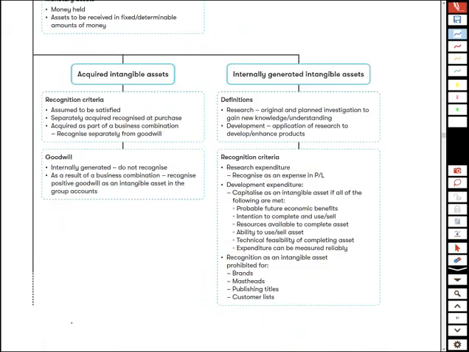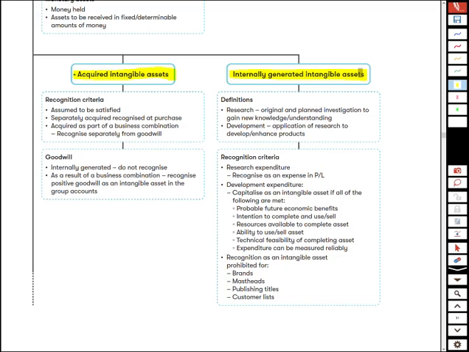And then we looked at how do we obtain our assets? Well, we either make them ourselves, don't we, or we buy them. And remember, we said with those acquired intangible assets, something you've paid for, there is a presumption that the recognition criteria are met, whereas with your internally generated assets, we said you had to prove that those recognition criteria would be met.